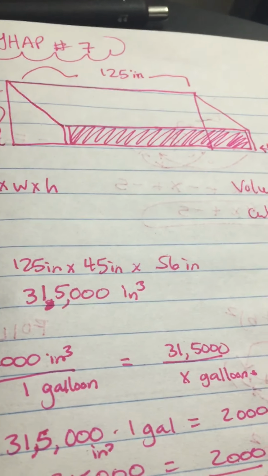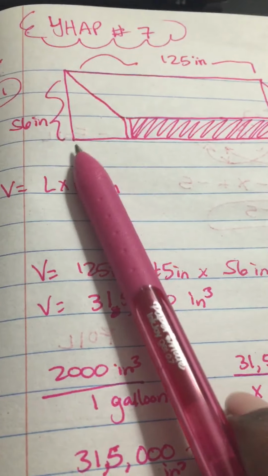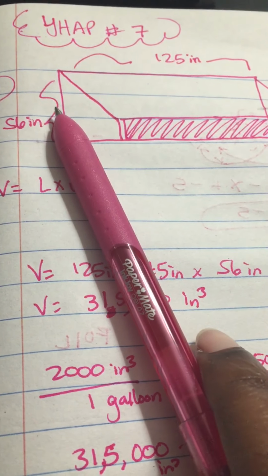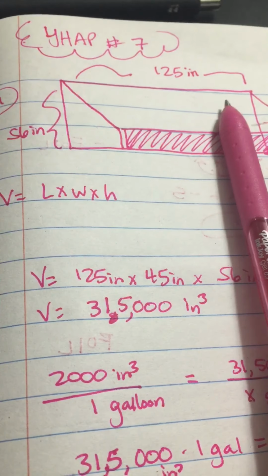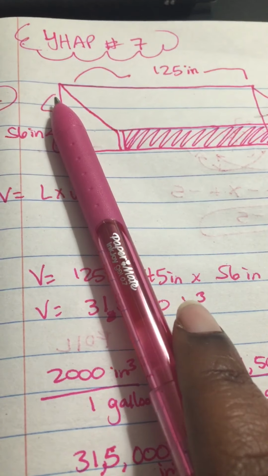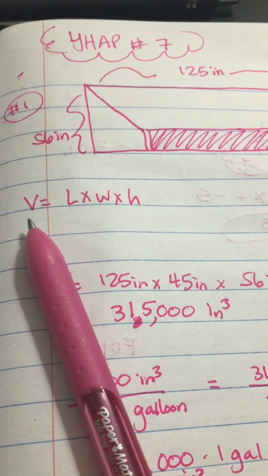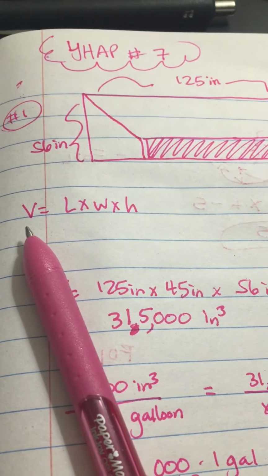My aquarium is not drawn to scale, but I know that it is a rectangular prism, and I'm going to have a length, a width, and a height. I know that my answer is going to be in inches cubed.